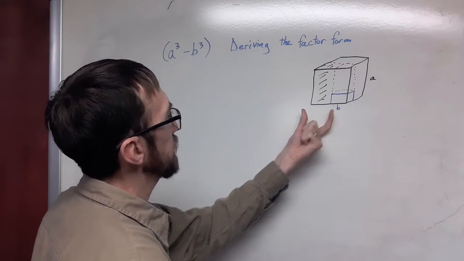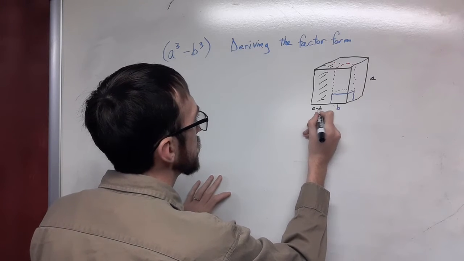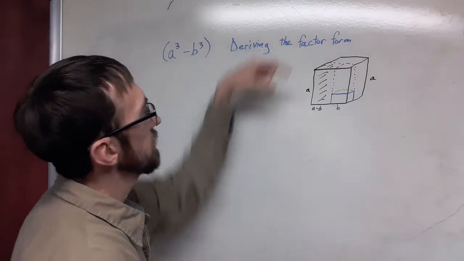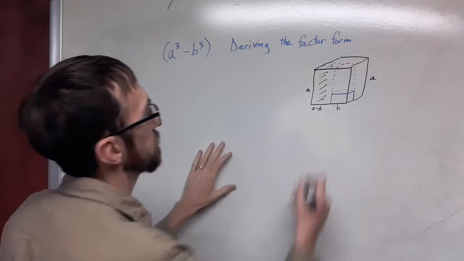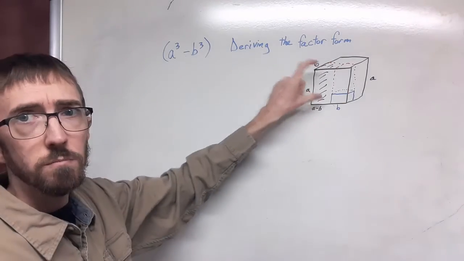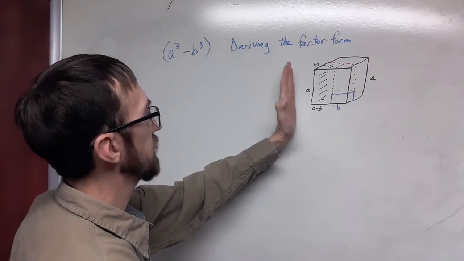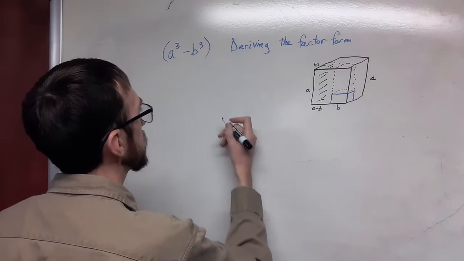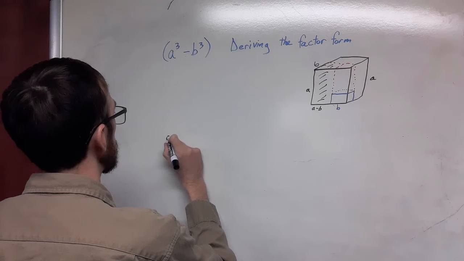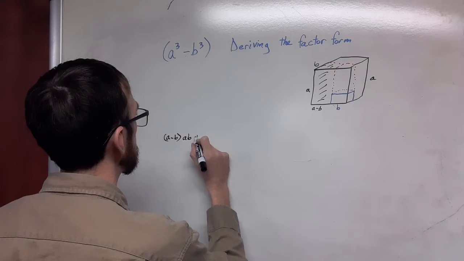This is going to have a length of A minus B. It's going to have a height of A, and it's going to have a depth of B. So if you want the volume of this prism that I've just highlighted here, it's base times height times depth. So we have this first piece here is A minus B times AB.